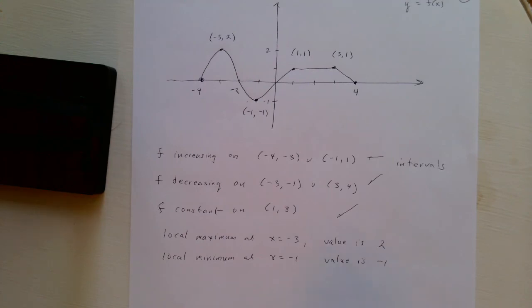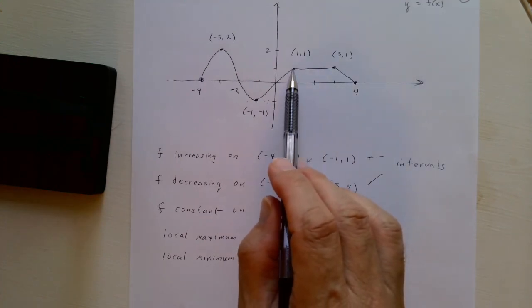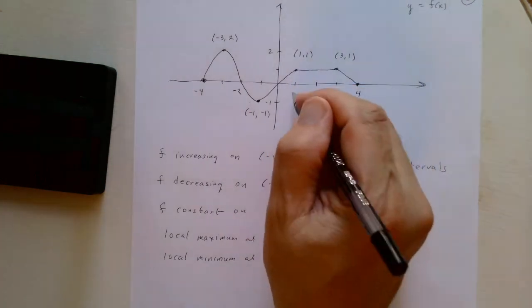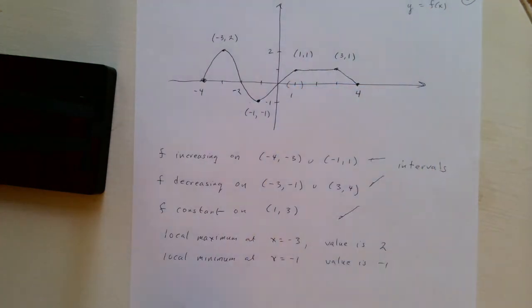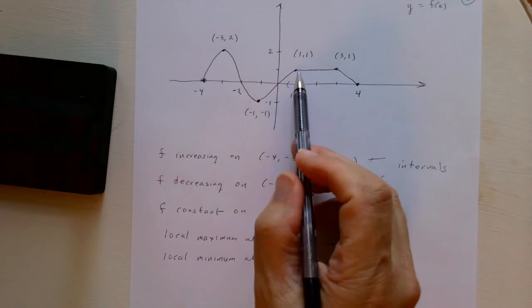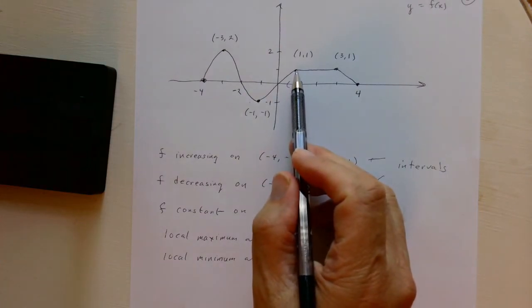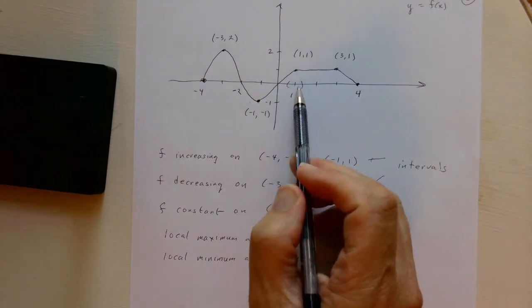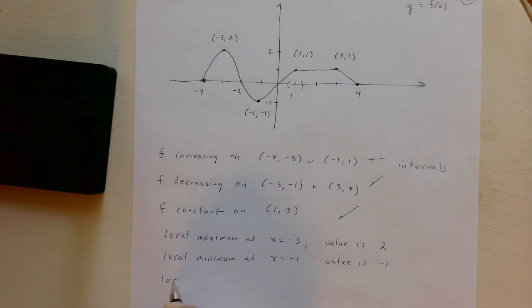Now, technically, we would also say we have a maximum here and a maximum here, because at 1, we can certainly find that this represents the largest value of f of x on this interval. So we have a local maximum at x equals 1, and a local maximum at x equals 3.